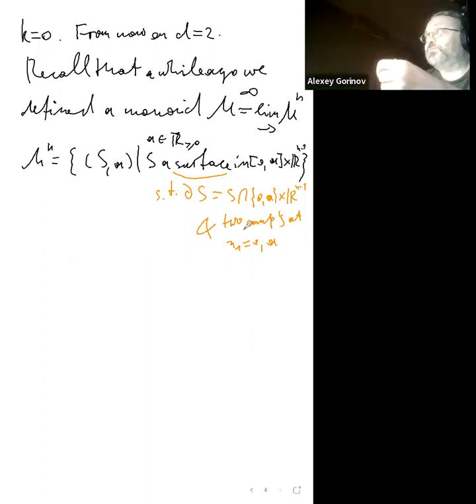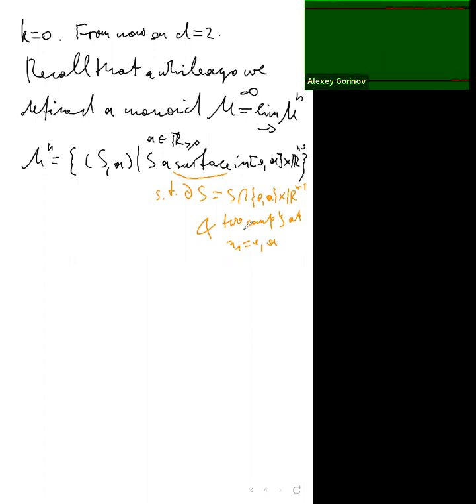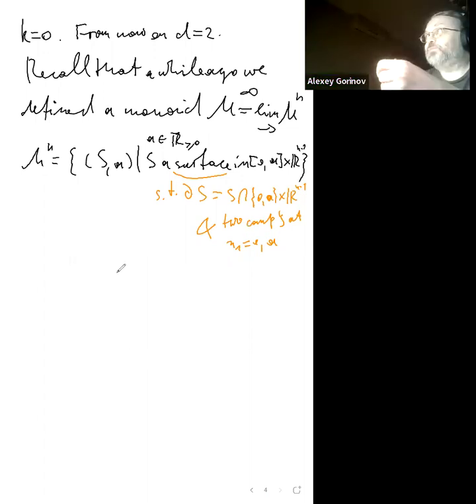The first coordinate is 0 and the first coordinate is A. Well, the second condition is a bit technical. We'll later see where it comes in.